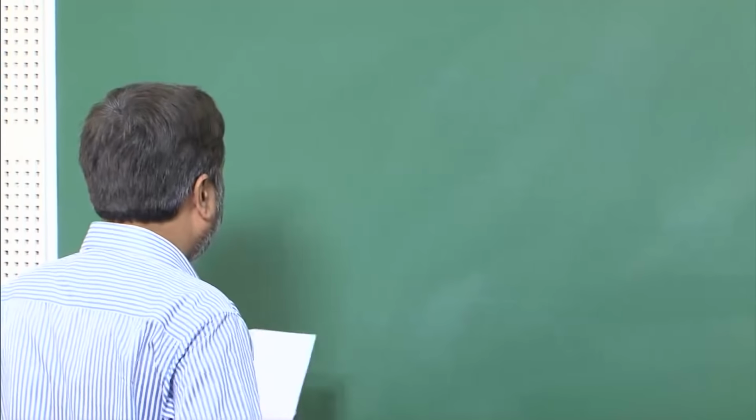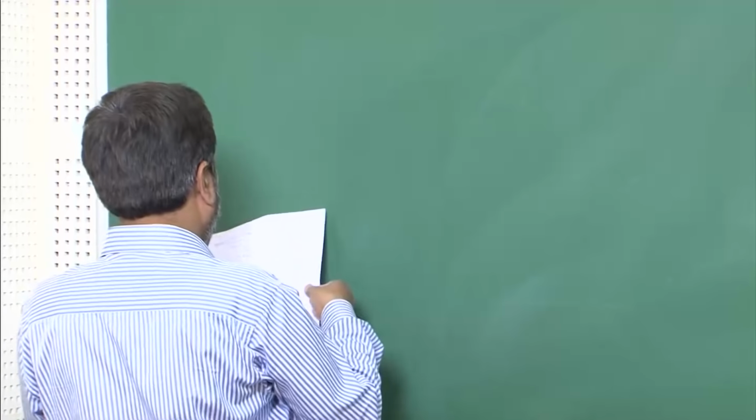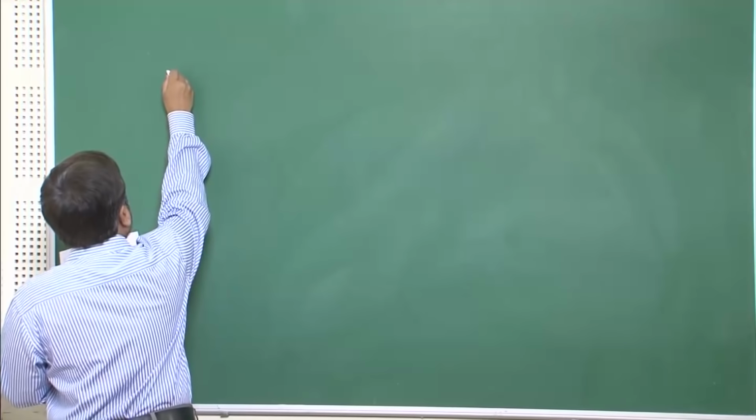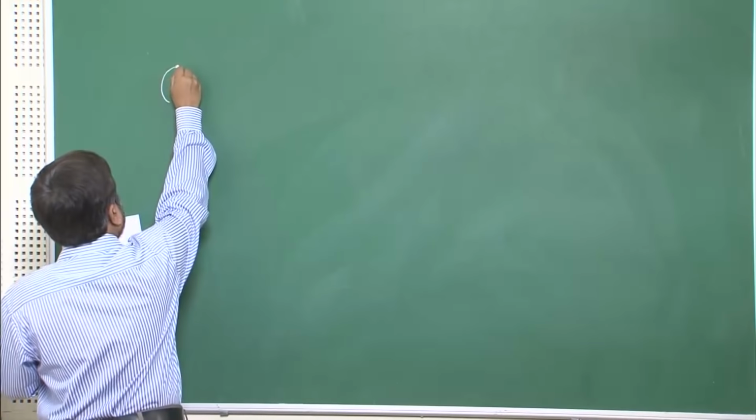So, we are first assuming that the shaft has a rectangular section. So, let us first try to draw the connecting rod approximately here for our analysis.